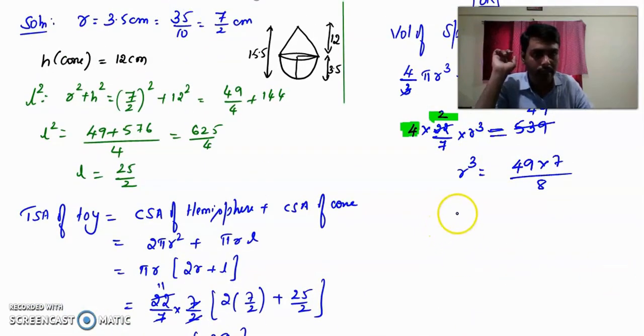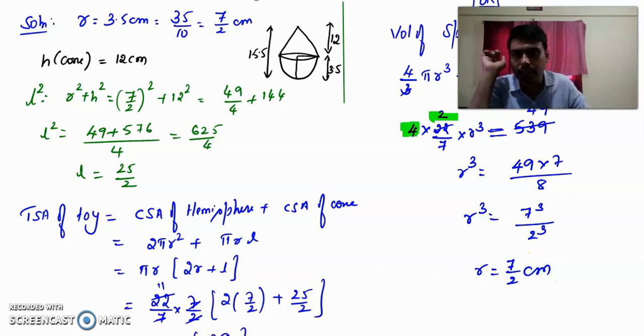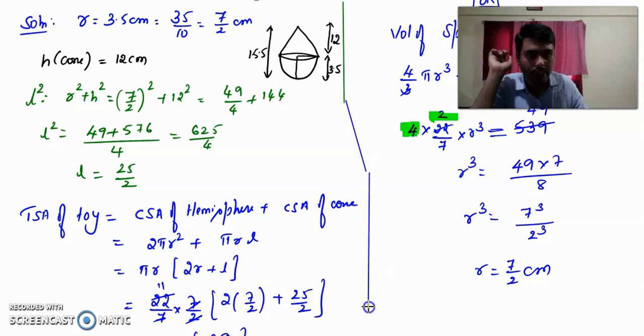So r cube is equal to 7 cube by 2 cube, since 49 into 7 is 7 square into 7, 7 cube. R will become 7 by 2 centimeter. Now I got the radius as 7 by 2 centimeter.